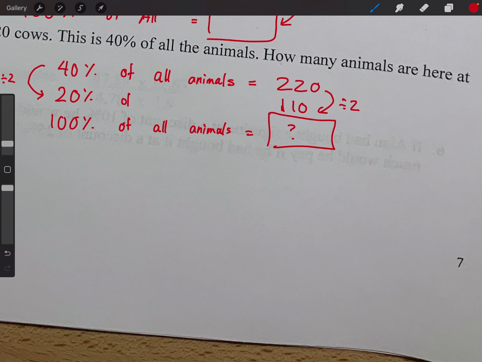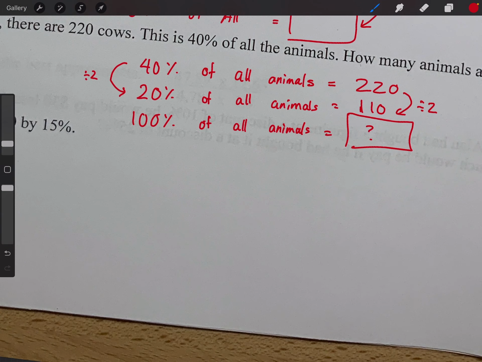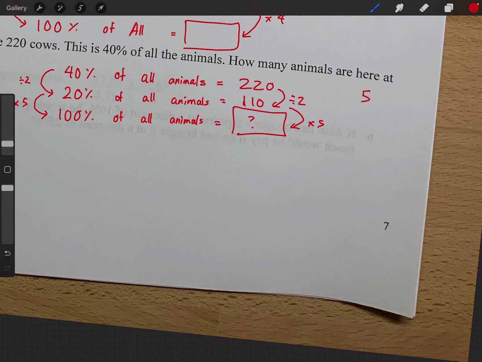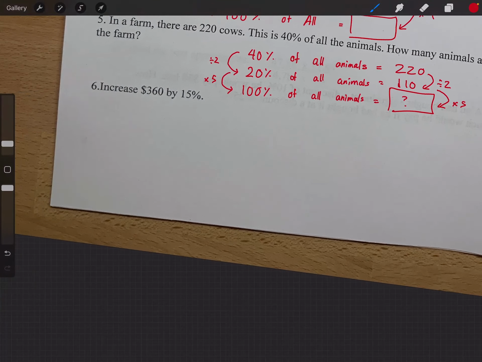So 20% of all the animals is 110 animals. Now, how do we go from 20% to 100%? Well, we times it by 5. So obviously we're going to times this by 5. So the answer there will be 5 times 110, and that's the answer. You can work that out.